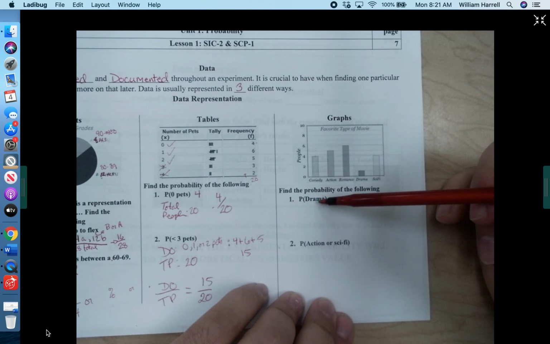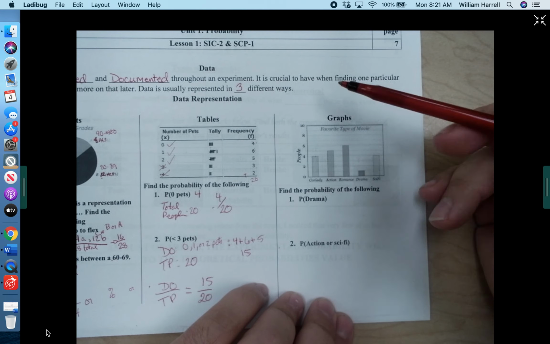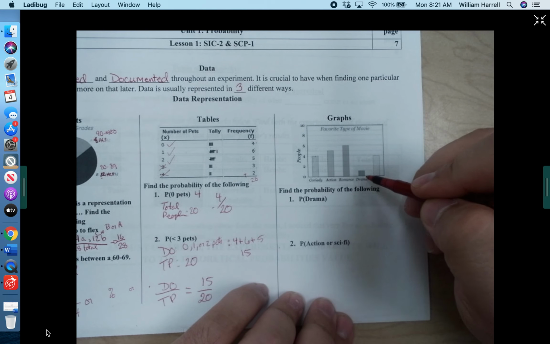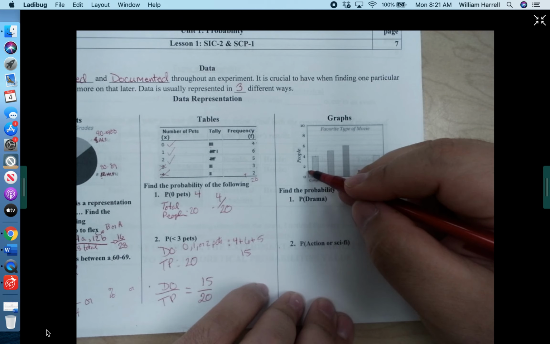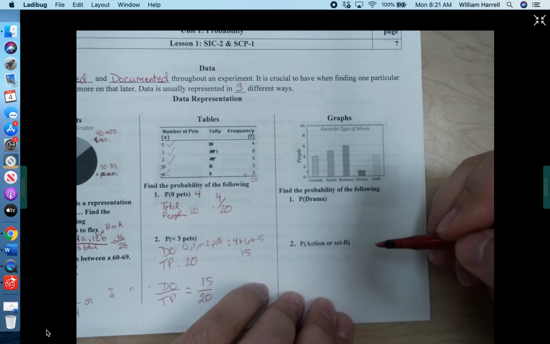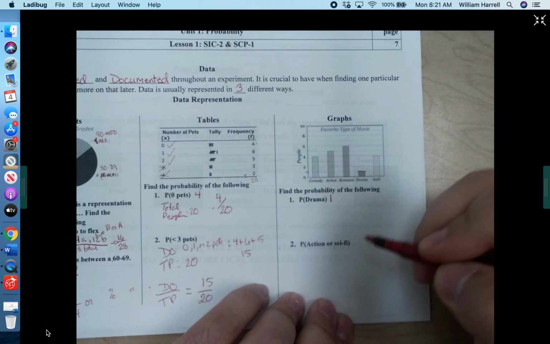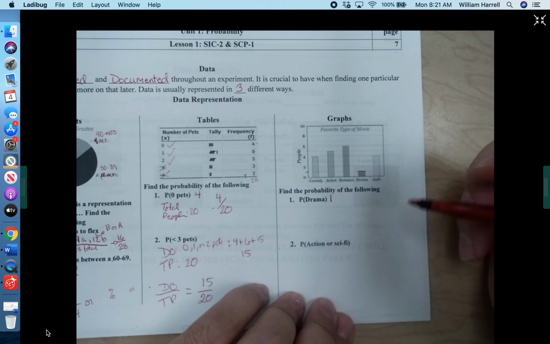Okay, so probability of drama. So I want drama. Well, how many people are in this drama bar? So I go to the top and I go to the left, and it's between 0 and 2, so it'll be 1. And now how many total people?